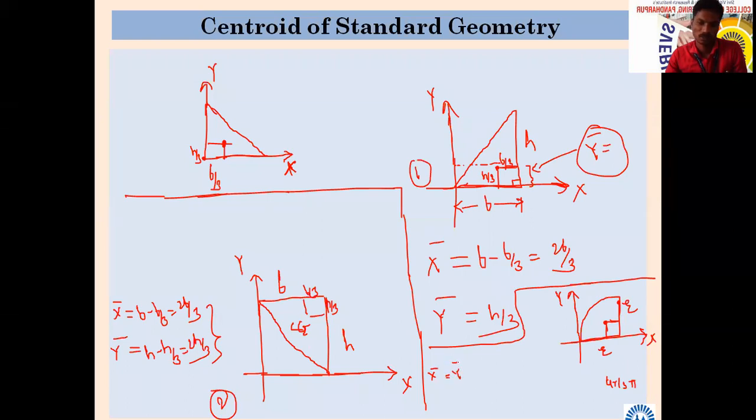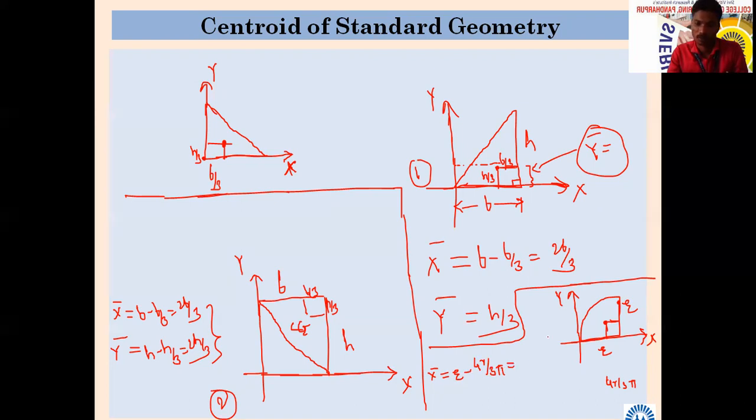Just check, it will not be the same. So x bar first. Total is r, so x bar equals r minus 4r divided by 3 pi.